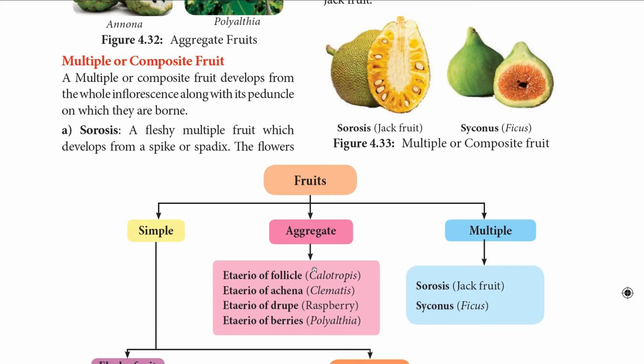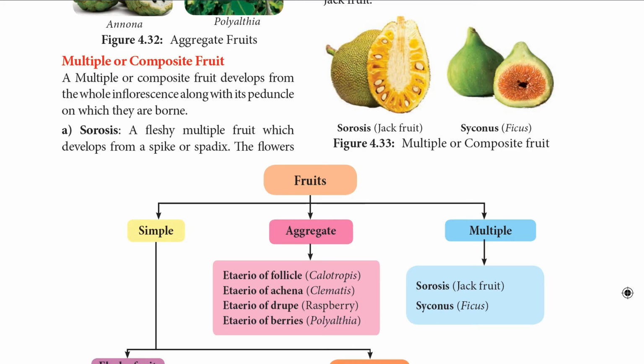The second type of the fruit is called aggregate fruit. Aggregate fruit will develop from a single flower but with apocarpous ovary, where the carpels are distinct and free, and each free carpel may develop into a simple fruitlet, and the collection of the simple fruitlets makes the aggregate fruit.